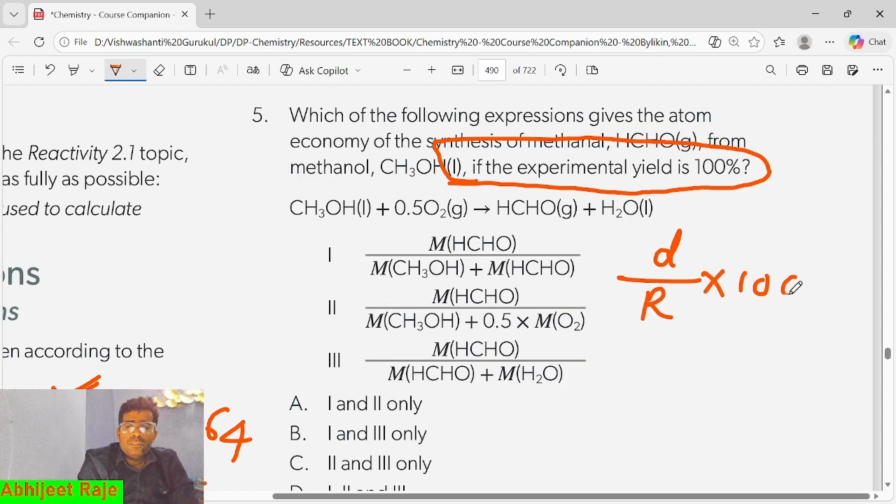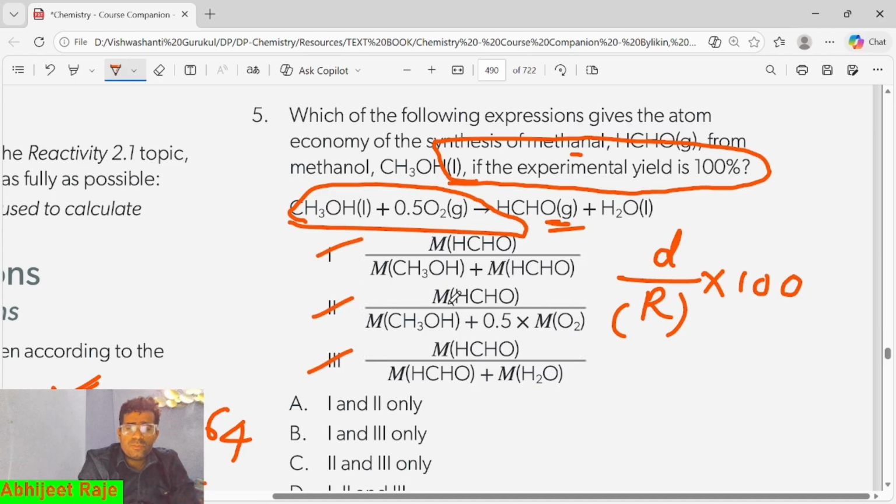So here we can see, this is our reactant, so this should come on the denominator. Your desired product is what? Synthesis of methanol. So methanol should come on the numerator. So where you can see in the options, in all three options, methanol is on the numerator.